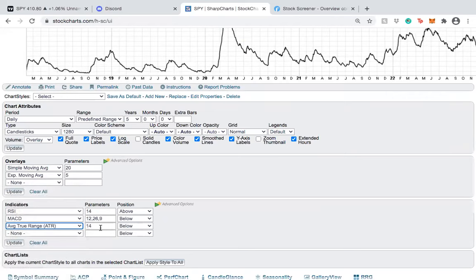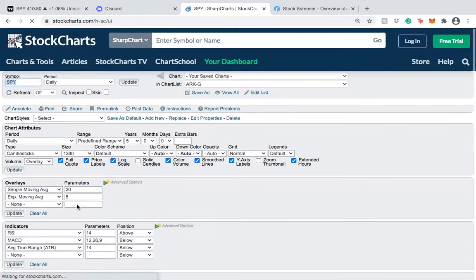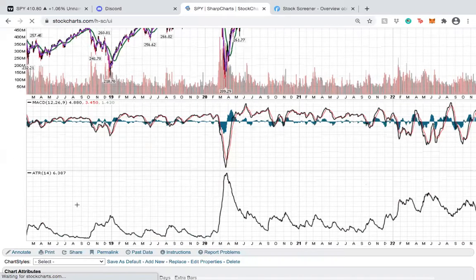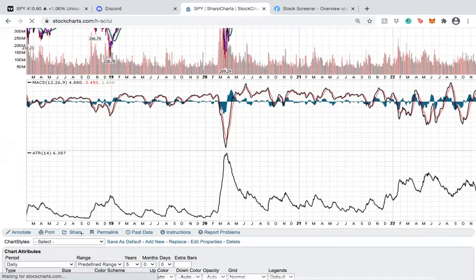And if you want that on your chart all the time, you have to hit update, but then you also have to come up here to this line. Sorry, not that line, this line, and hit save as default. If you don't save as default, you have to input that every single time you load a stock chart, right? Saving it as a default means that it's going to be your default setting for every stock chart you load. That's how you do that.